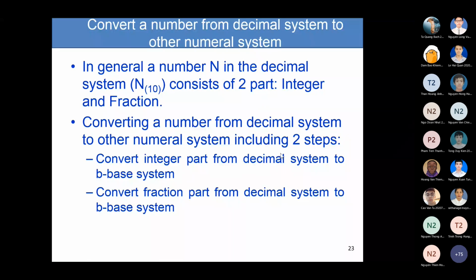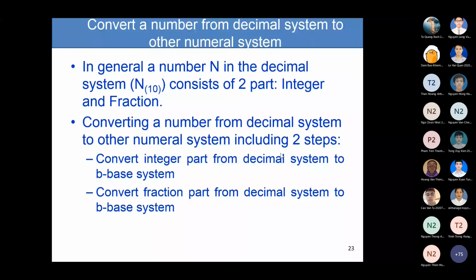We talk about the decimal system. We also talk about the binary, the octal and the hexadecimal system. But in general, we have a b-based system, and we can convert a value from the b-based system into another system, and we also can convert a number from another system into the b-based system.